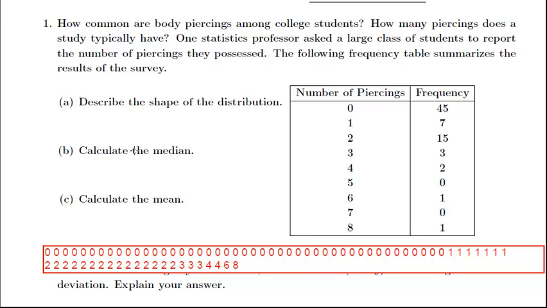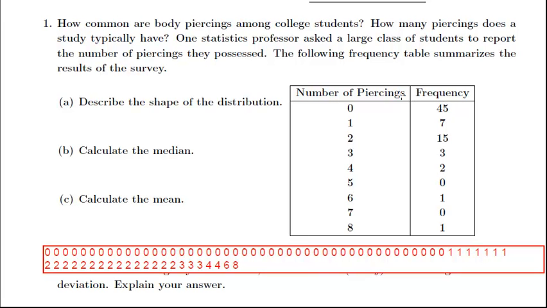The first question that everyone seemed to be fine with: it's a skewed right distribution, because we have lots of observations on the low end and a few on the upper end, so that's going to create a skewed right distribution. Where students went astray would be calculating the mean or the median.